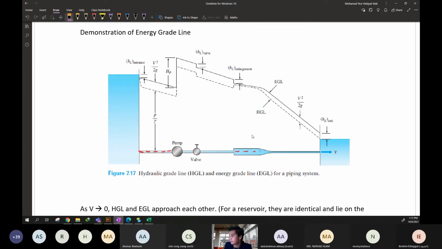So let's start to do a simple demonstration for this case. We start from the left and finish to the right. Energy starts from potential energy due to the difference in height. You can see we have the height.